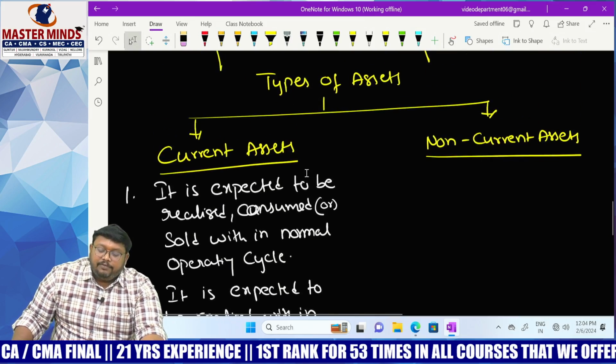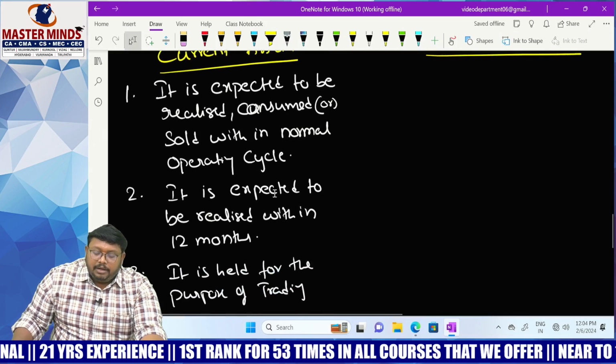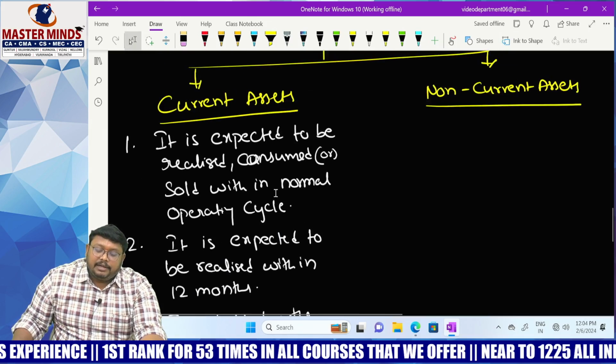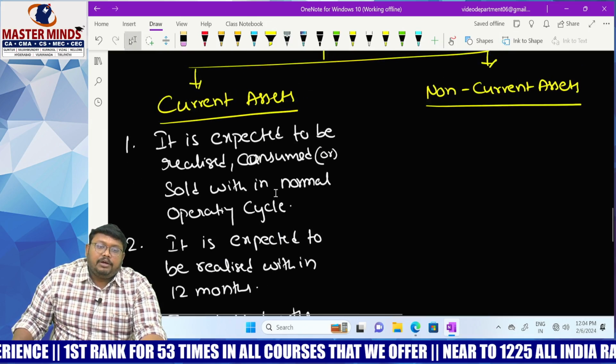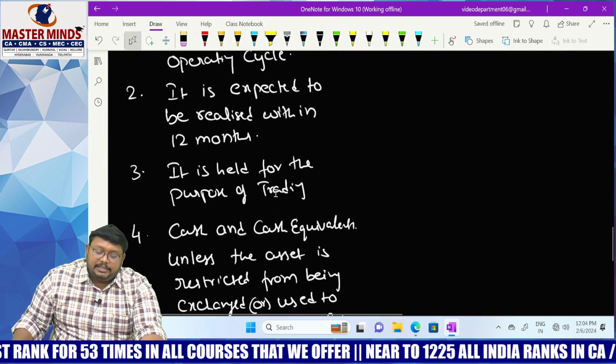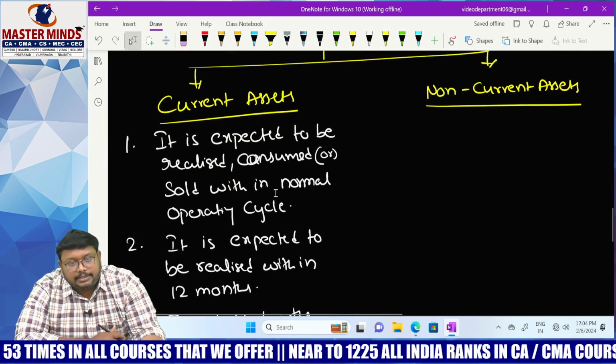There are 4 points. If all these 4 conditions are satisfied, or any of these 4 conditions is satisfied, we can say it is our current asset. Clearly, we are talking about these 4 conditions. Other than these 4 conditions, the remaining assets are non-current assets.